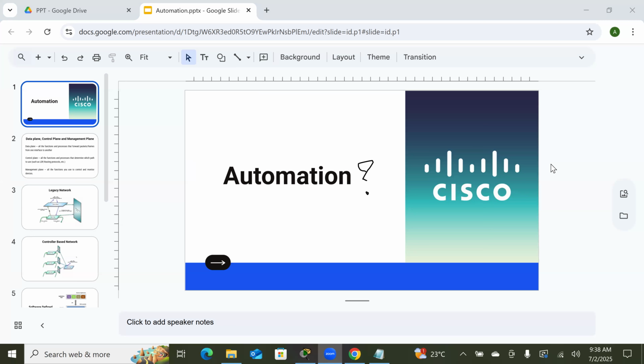Automation is automating the processes without human interference. Machine work instead of human work, sir.